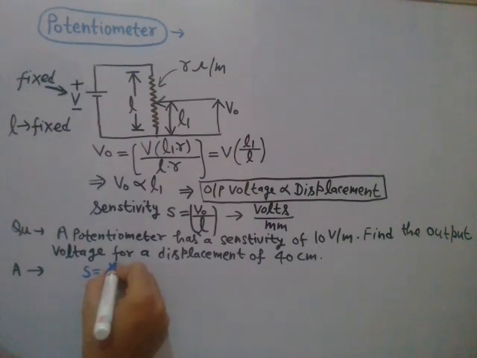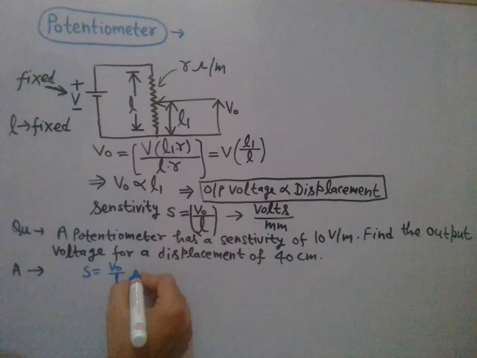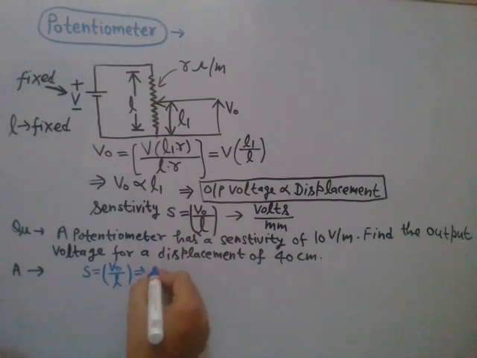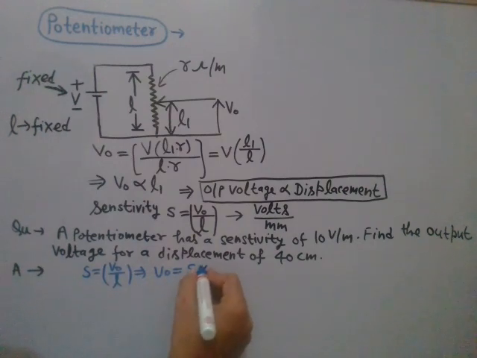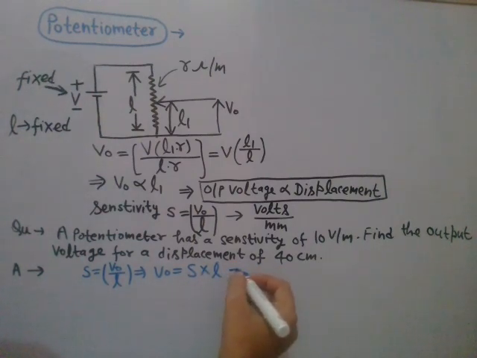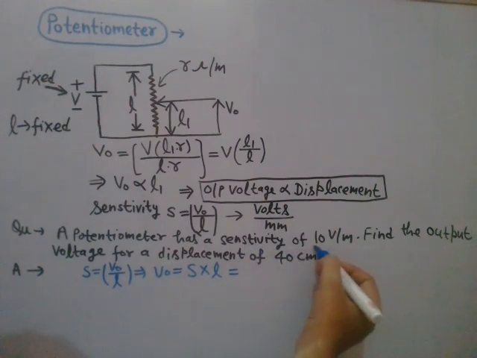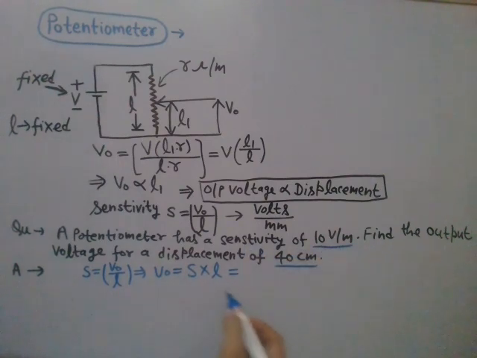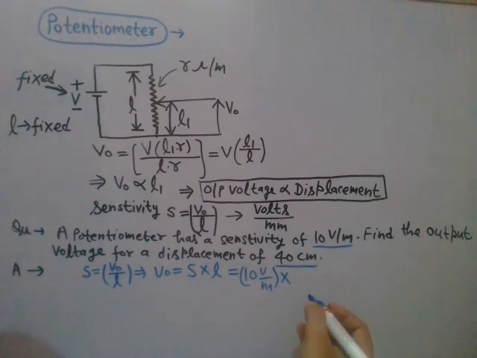So sensitivity is output voltage V0 divided by L, or you can also write V0 is equal to sensitivity into L. Sensitivity is 10 volts per meter, and the length is 40 centimeters, which is nothing but 0.4 meters.